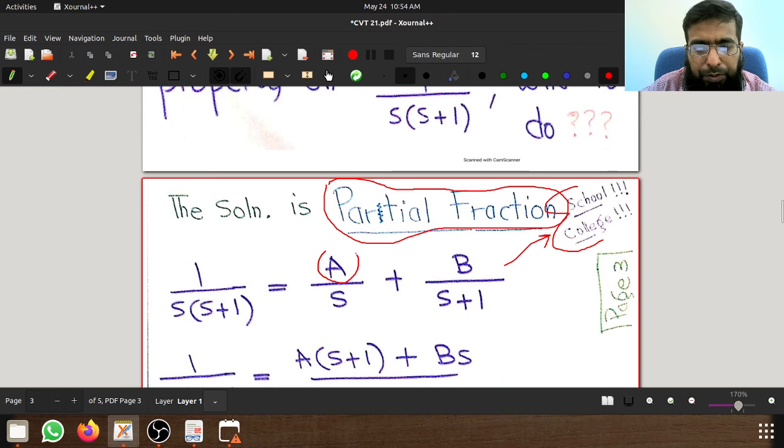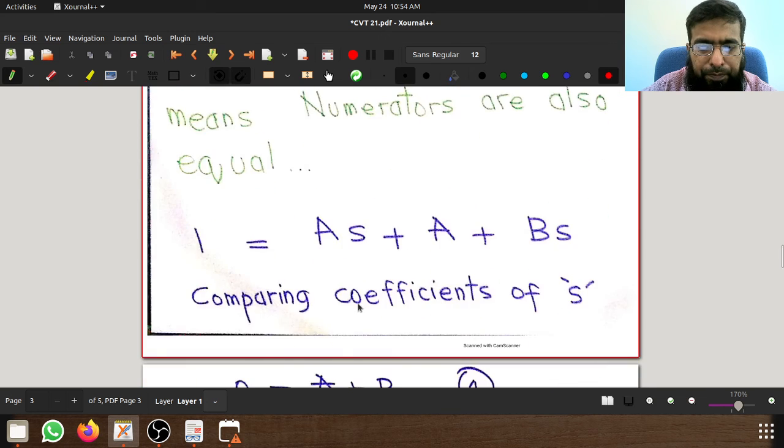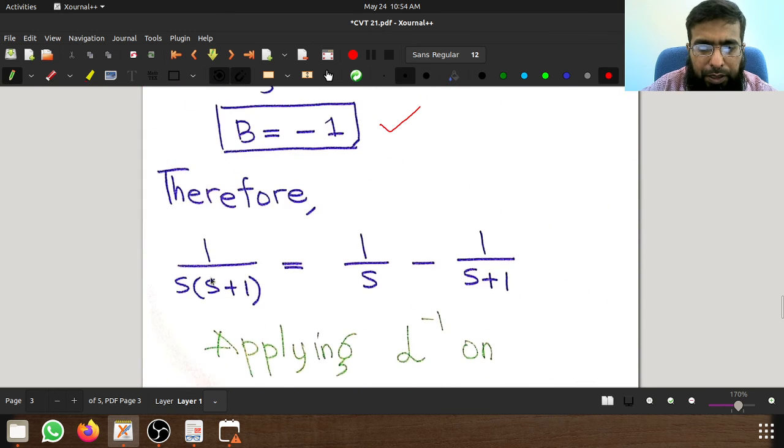So a is 1, b is negative 1. If we plug these values here, we can separate this as 1 over s minus 1 over s plus 1. Now we are in a very good position to apply the inverse Laplace transform and exploit the linearity property.